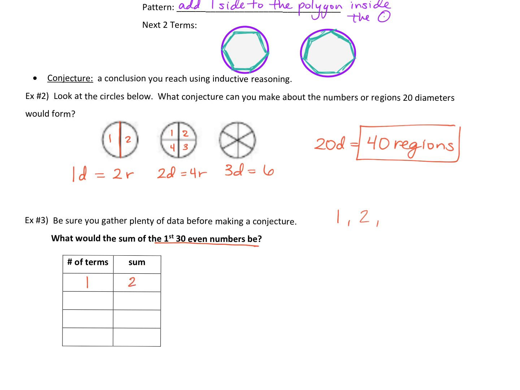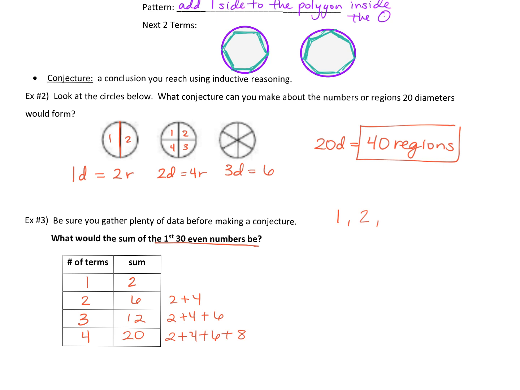What if I said, what's the sum of the first 2 even numbers? It's 6, right? It's 2 plus 4, which is 6. What's the sum of the first 3 even numbers? 2 plus 4 plus 6 is 12, right? Okay, and then the first 4 even numbers, 2 plus 4 plus 6 plus 8 is 20.